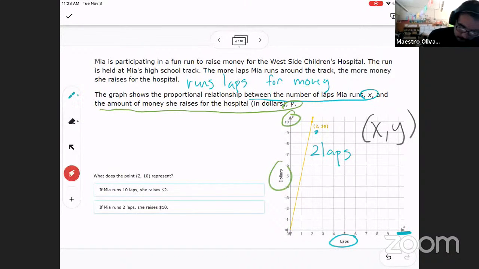Alexander, what does the Y value represent here? Is it the number of laps or how many dollars she gets? Okay, moving on. Angel Tapia Vasquez, can you please let us know what does the Y represent? What is this 10? Is it $10 or 10 laps?